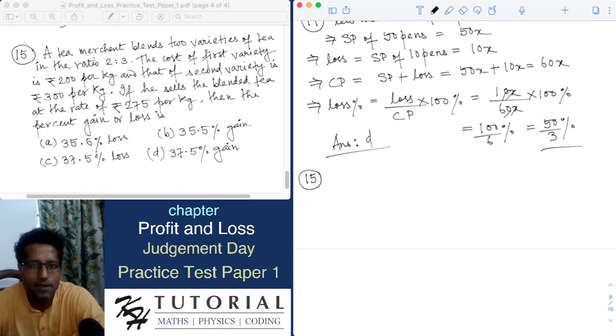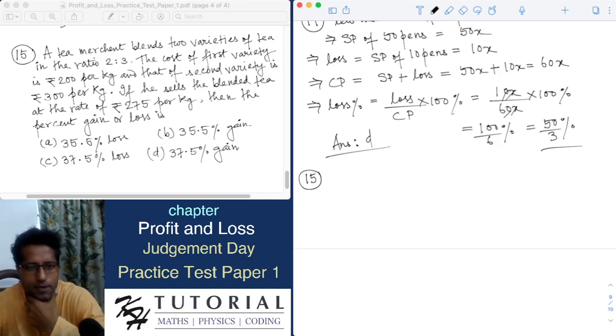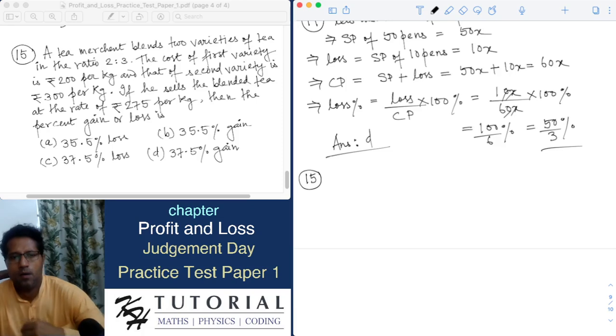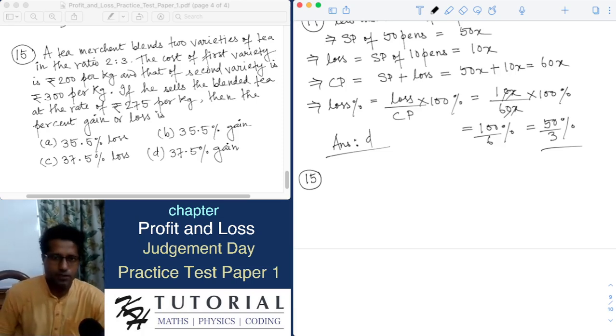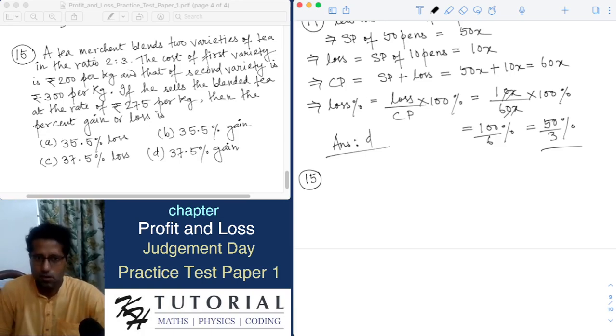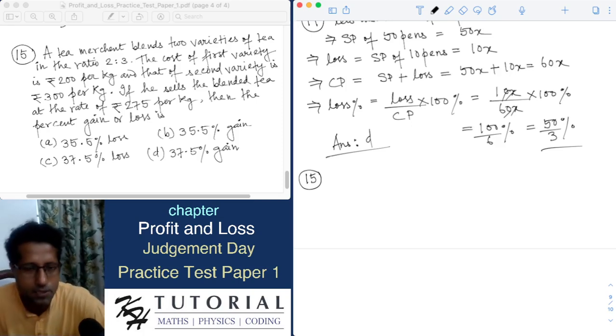If he sells the blended tea at the rate of rupees 275 per kg, then the percent gain or loss is. Since no specific amount of tea purchased or sold is given, we will have to consider everything per kg.